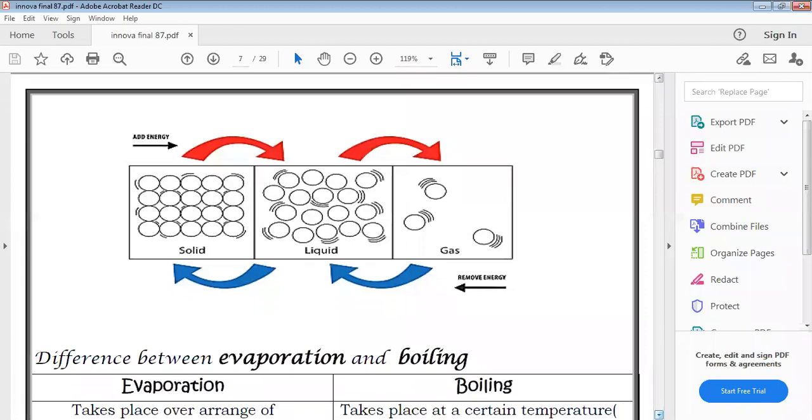There is another very important thing about boiling and evaporation. Can you tell me about it, Hur? Difference in temperature. Boiling has 100 Celsius. Evaporation can be less, like 50. Okay Hur, what you're saying is not accurate, because 100 is only for water.